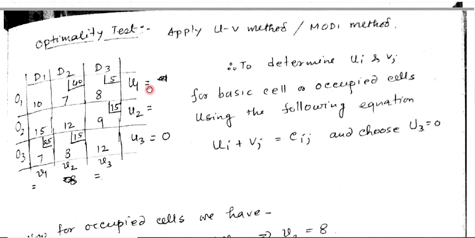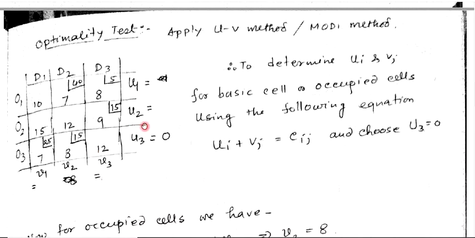Corresponding to the first row we use the variable u1, for the second row u2, and for the third row u3. Similarly, for the first column v1, second column v2 and third column v3.